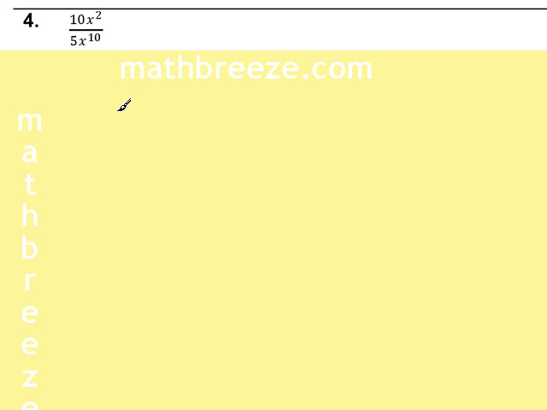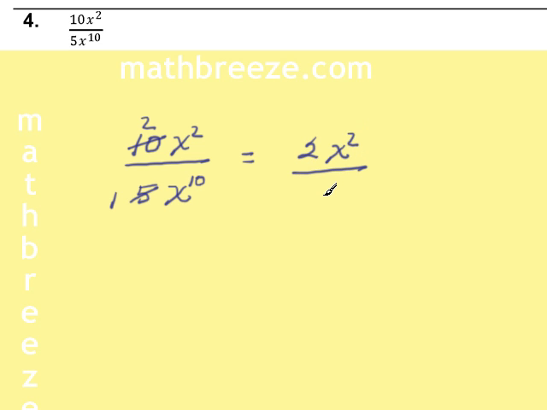In number 5, we're going to start by reducing those coefficients, reducing that fraction. So we'll divide top and bottom by 5. All right, so we have 2x squared over x to the 10th.